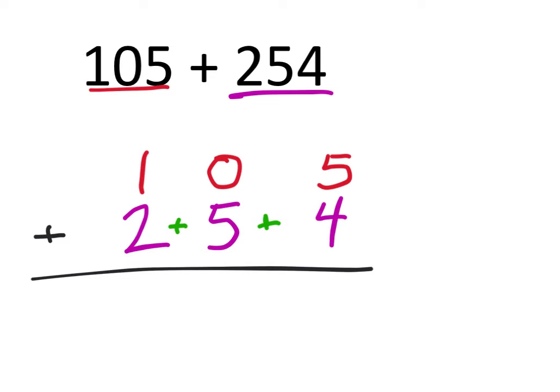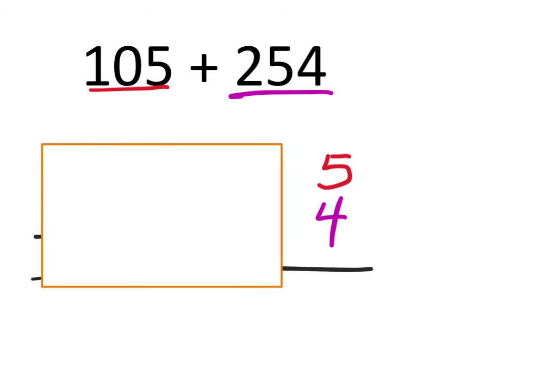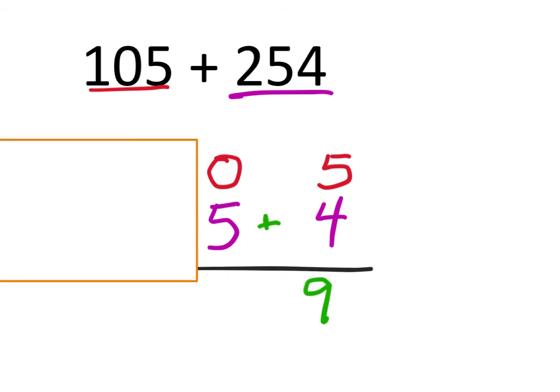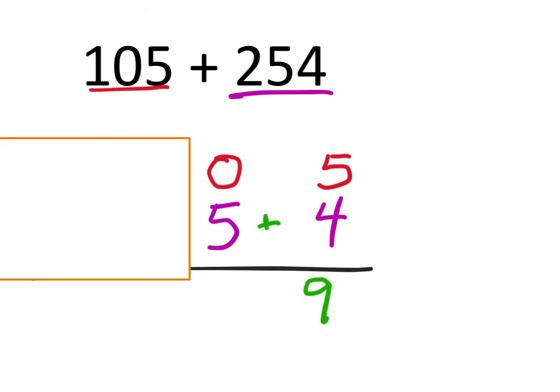So to further demonstrate this, I'm going to add all these together by place value. That means that I could just ignore all the other place values and focus on one at a time, starting with my place value farthest to the right. So that's 5 plus 4. 5 plus 4 is 9. Okay, then I'll slide this over, and then I go to my next place value, which is in the tens.